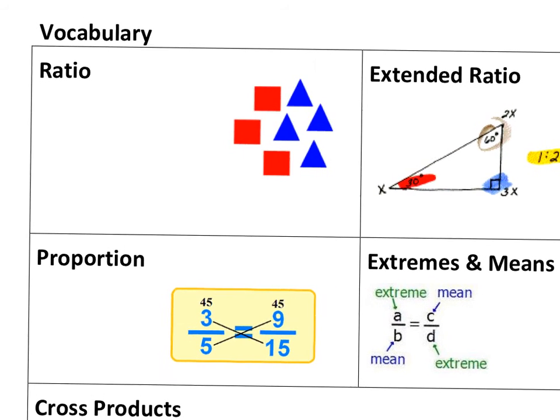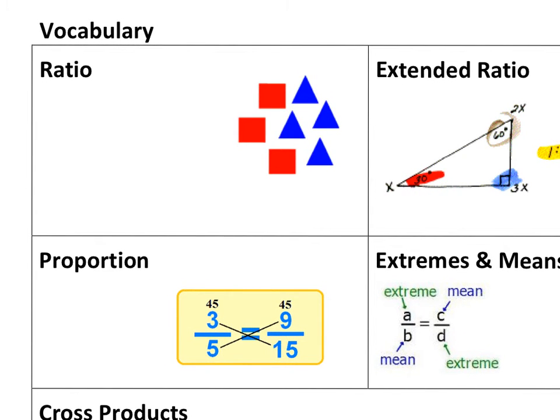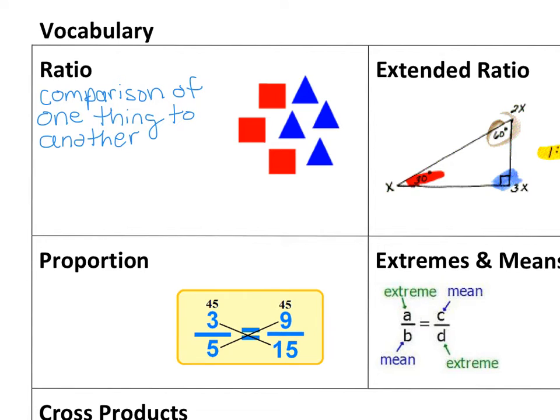All right, so a ratio. A ratio is a comparison of one thing to another. Usually that means different units, but not always. In this picture here I have 3 red squares and 4 blue triangles, although I think your handouts are black and white, so the color distinction is lost there.